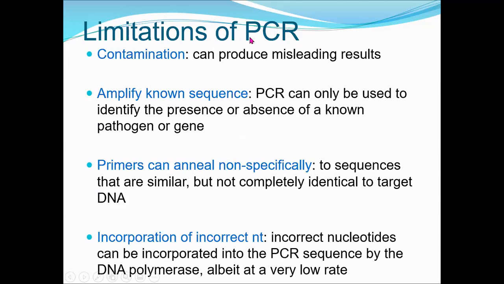There are some limitations of PCR as well, like contamination, which is the most common problem. Usually, if you have a lab working on PCR, you should have a pre-PCR room, a PCR room, and a post-PCR room. In the PCR room and the post-PCR room, there is a lot of DNA in the environment, mostly of the sample.